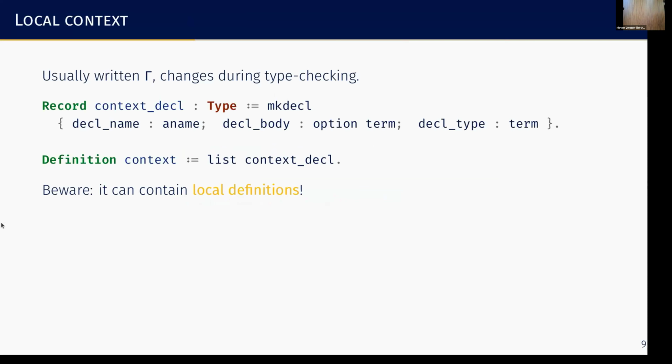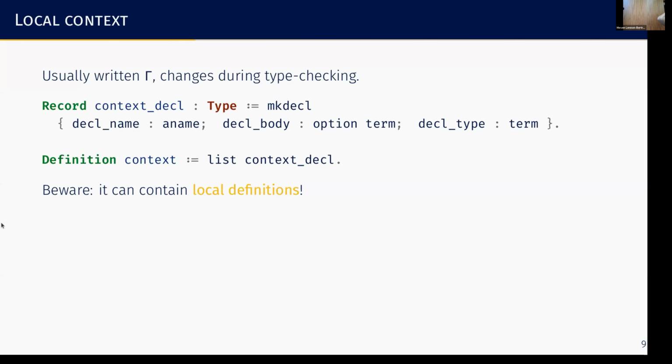So it's basically a list of declarations, and a declaration takes some binder information, a type, and importantly, it also optionally has a body, which is useful for let binders. If you have a let binder and you extend the context with it, then you get something with the body of the binder in the context, rather than just a variable with no reference.